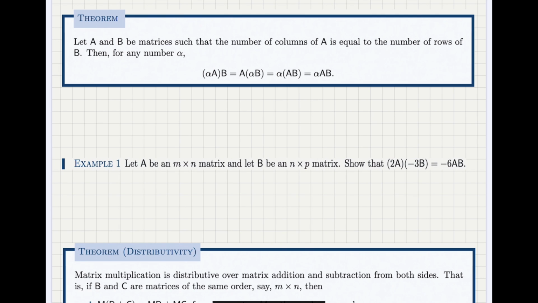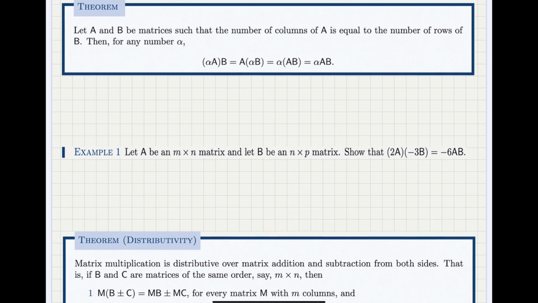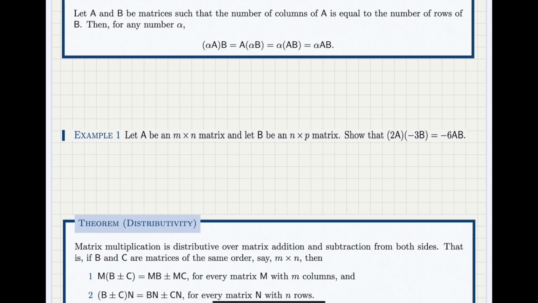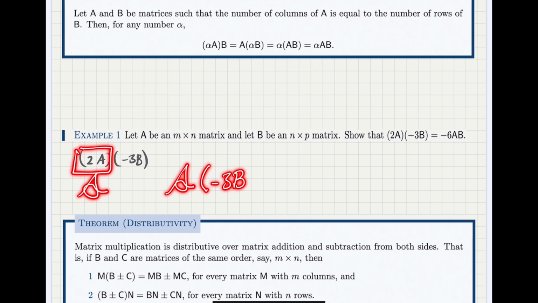One thing that we can say is this. Let me just justify why this is plausible. So 2a times minus 3b. What can I do? Let me give the role of matrix A to this matrix 2A. Then I will have A multiplied by minus 3B.